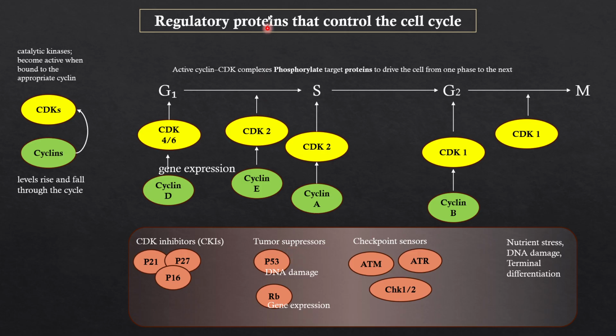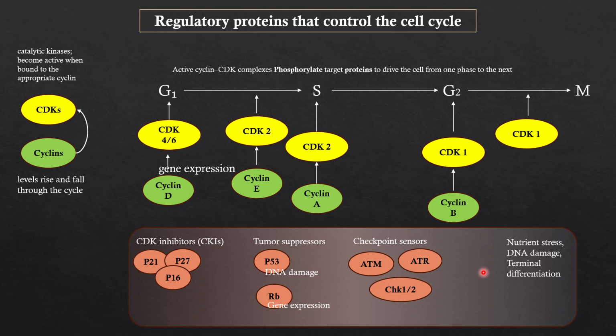Another important protein is the RB protein, or the retinoblastoma protein, which regulates gene expression and controls the transition from the G1 to the S phase, and this prevents premature progression. In addition to this, the cell has checkpoint sensor systems, proteins like ATM and ATR, that detect DNA damage, and they activate downstream effectors such as CHK1 and CHK2, which enforce cell cycle arrest until the DNA damage is repaired.